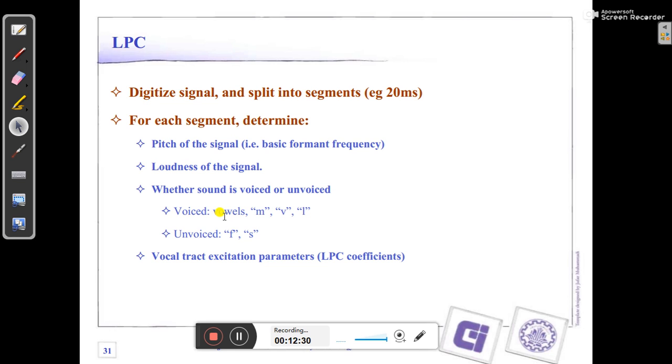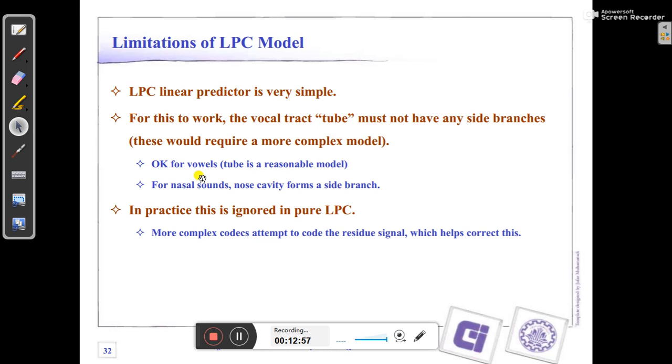Voiced is like the vowels, M, V, L. Unvoiced is F, S. Then the vocal tract excitation parameters and the LPC coefficients. These things need to be determined for each segment of the digitized signal to create the linear model.